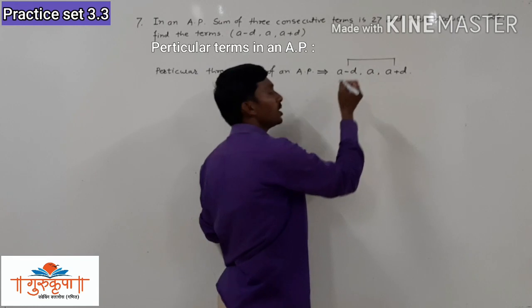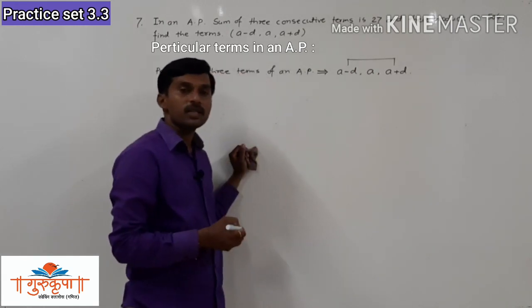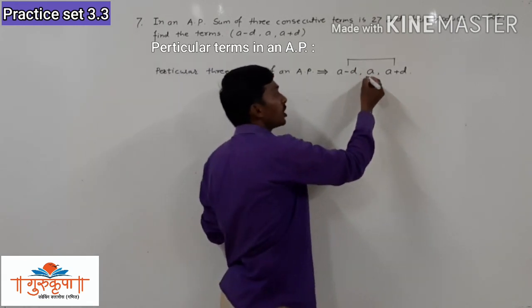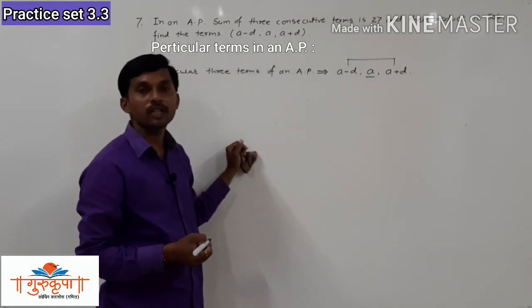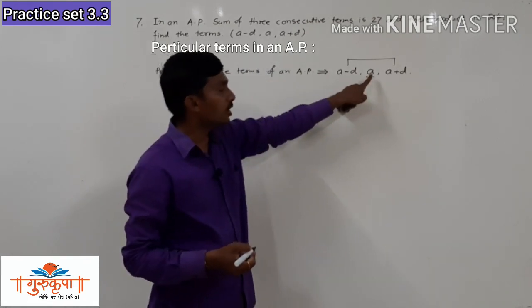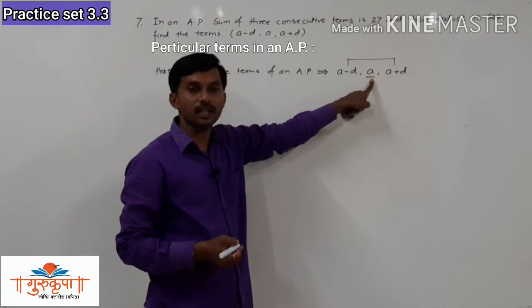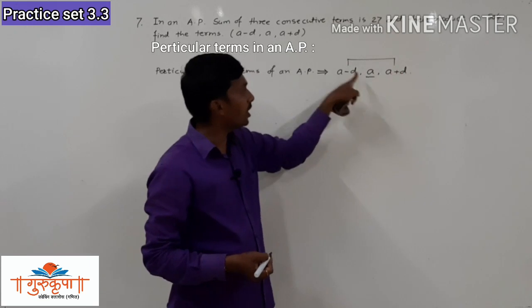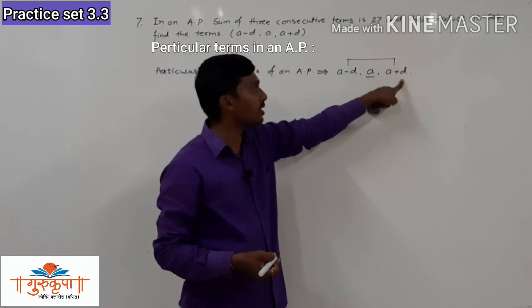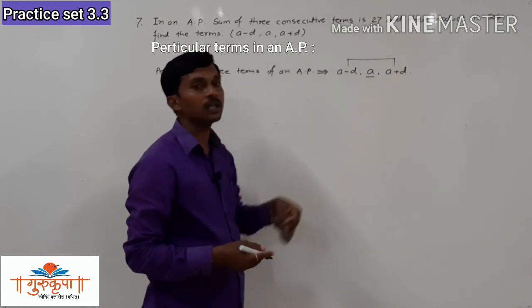And the middle term is a. Otherwise, you can remember the middle term only. And then if we remember the middle term as a, then you will get a plus d here and a minus d here. Adding d to the right side and subtracting d from the left side.